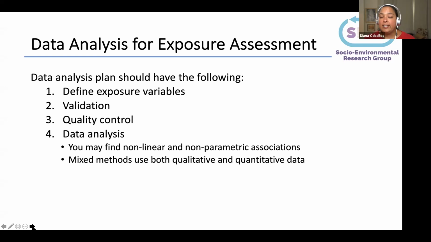So now, to do a data analysis plan, it's very important to define your exposure variables. Think of validation of the methods and in the field, any checkpoints and confirmations that the data is in good shape. Doing some quality control.